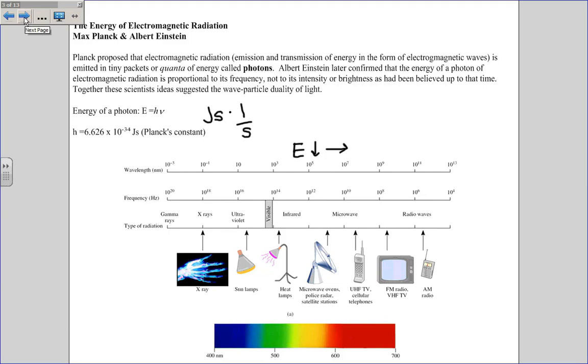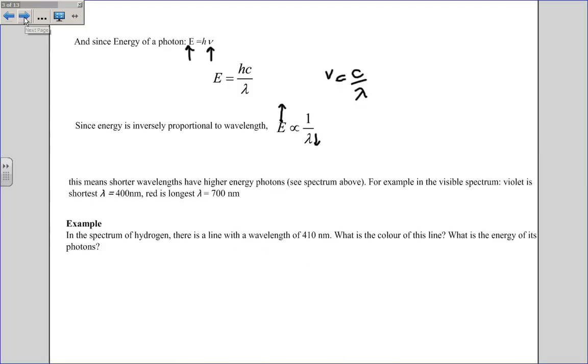Being general like that is fine. You don't need to give an exact color. So the color of this light is likely violet or blue. So we'll say violet because it is close to the end there.